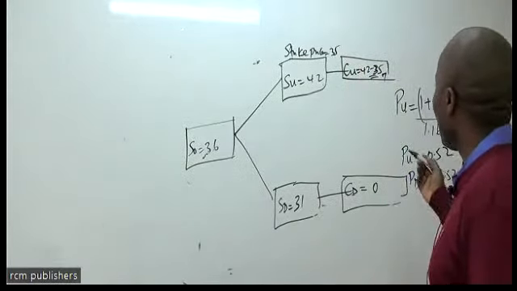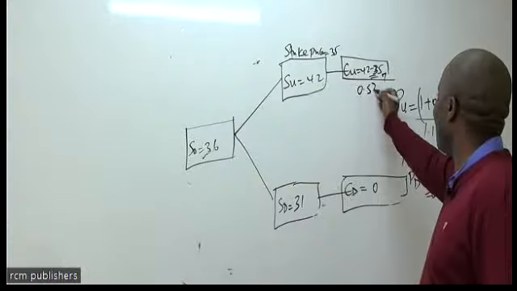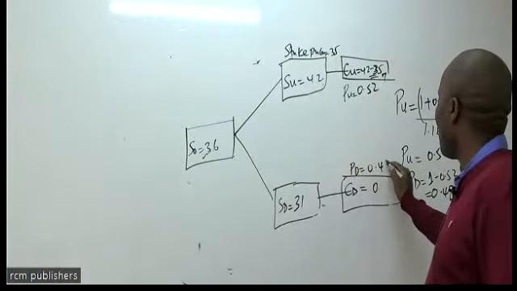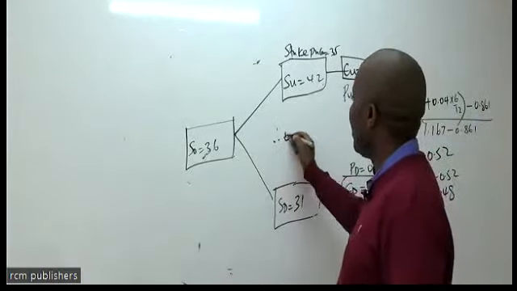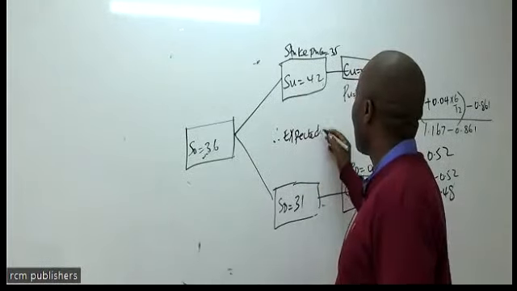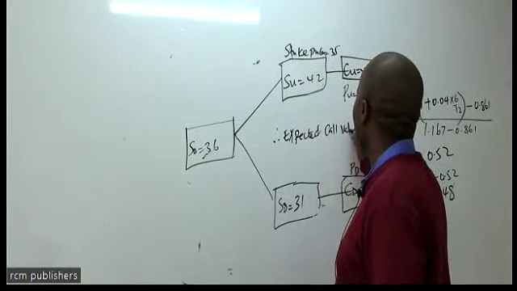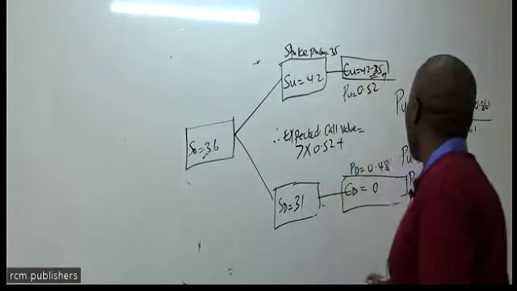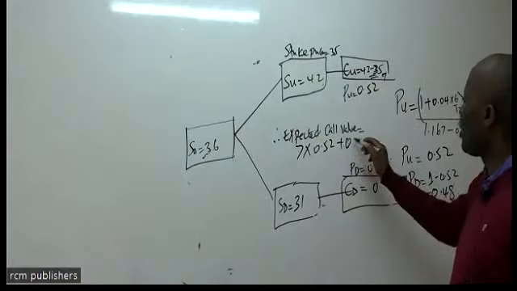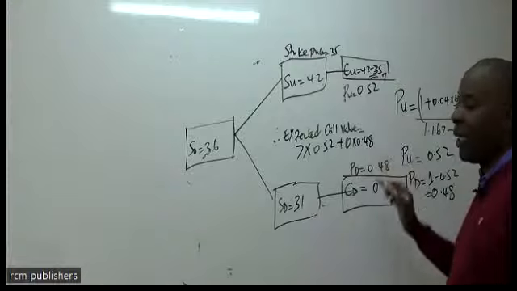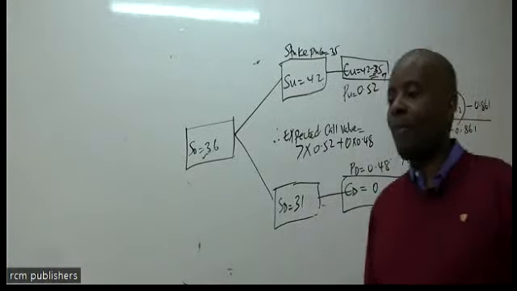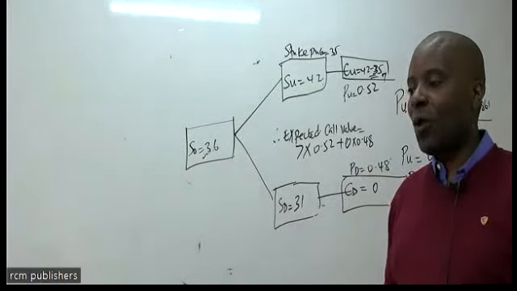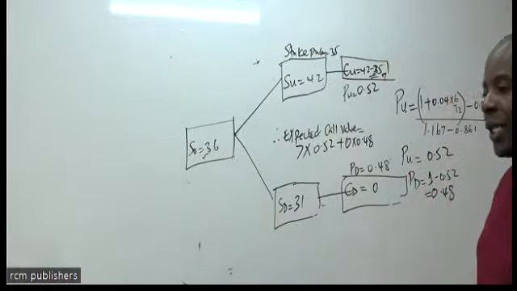It's about the method. So then we have here 0.52 for the upward probability, and the downward probability is 0.48. Therefore, the expected call value will be 7 times 0.52 plus 0 times 0.48, which will end up giving me what figure? 3.64.